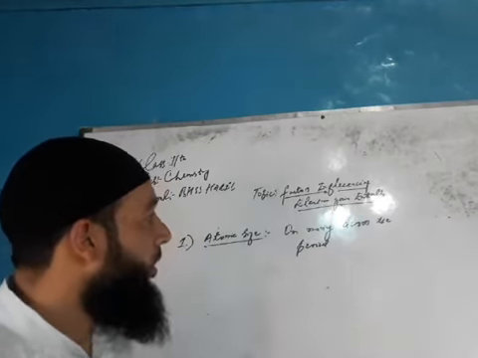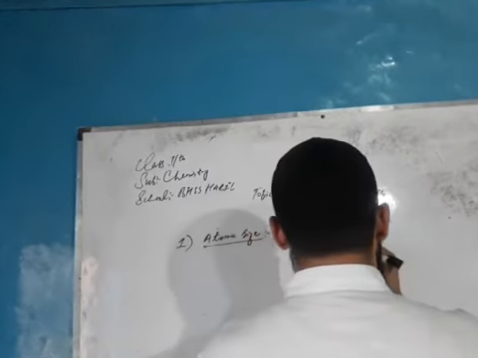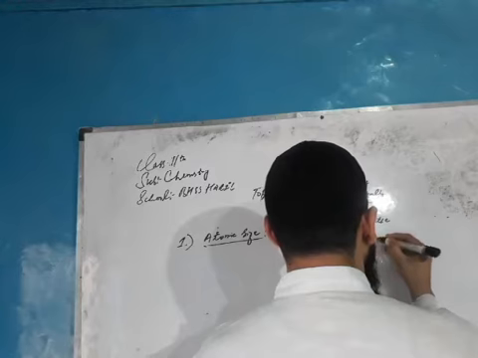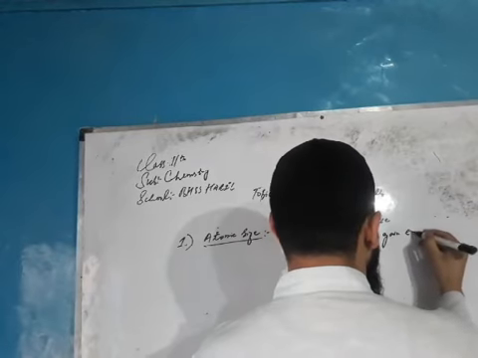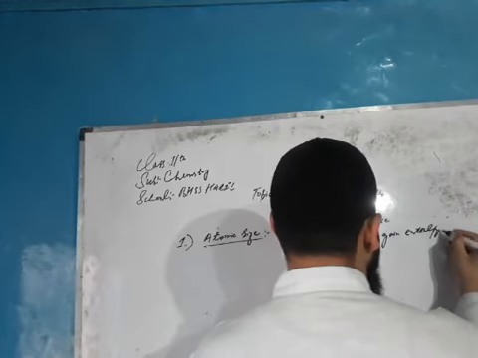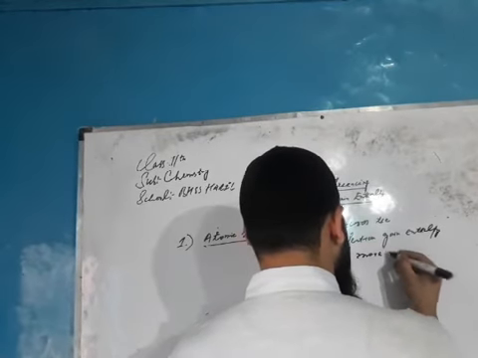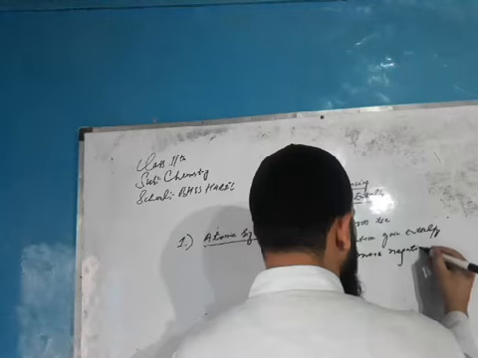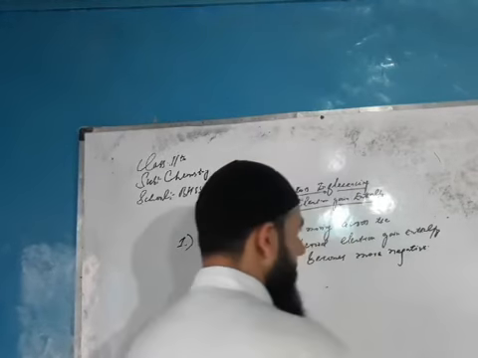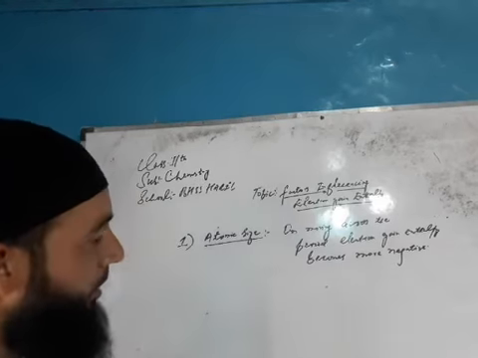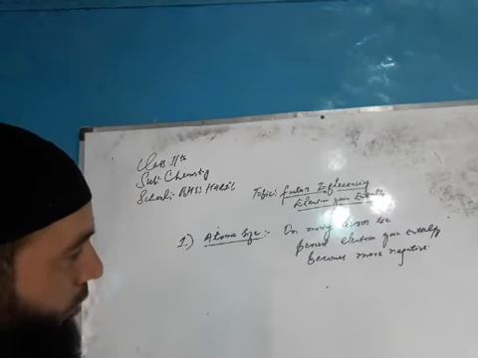So on moving across the period, electron gain enthalpy becomes more negative. That means more urge to take electrons.